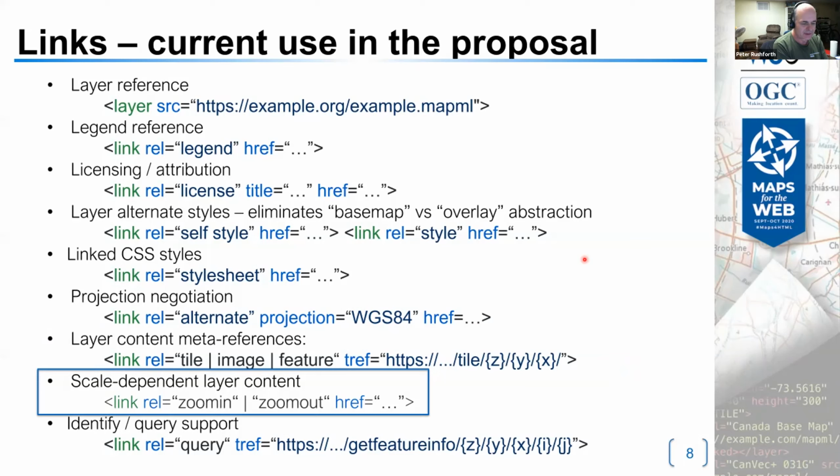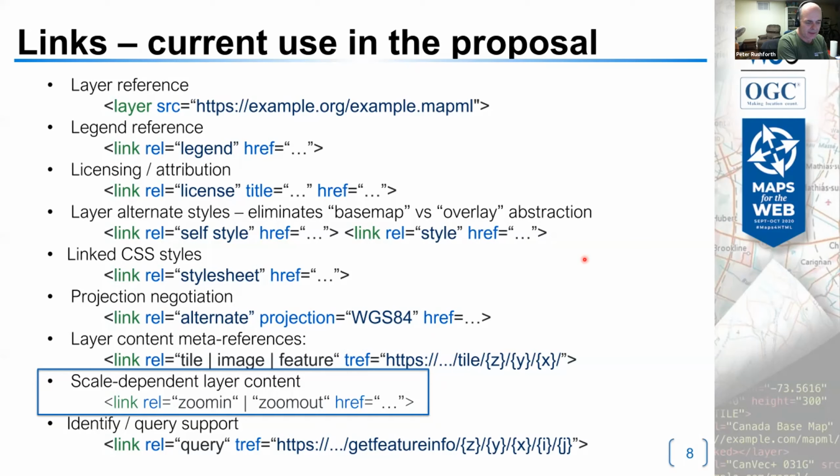And then we've implemented a kind of link that allows you to set up a zoom in relation or a zoom out relation, so you can transfer the source of the layer from one data source to another, depending on whether the user zooms in or out. I think that needs more work done on user interface and so on, but it seems to be pretty functional.